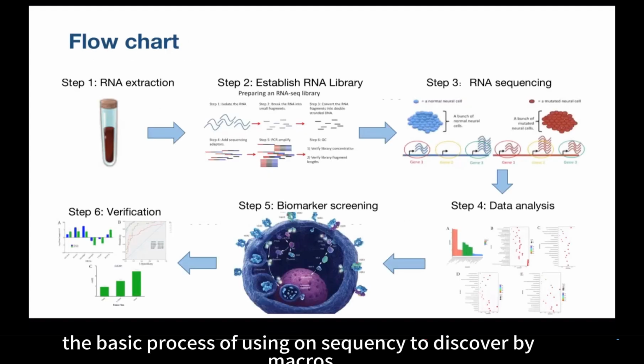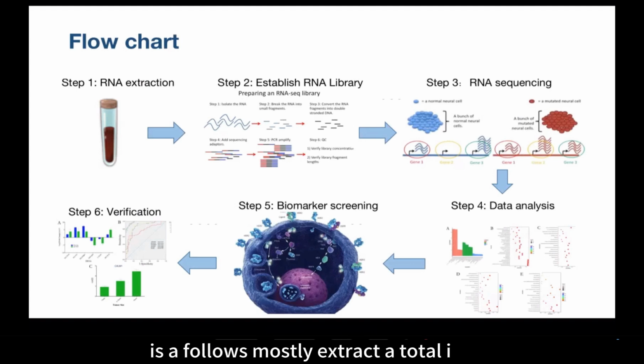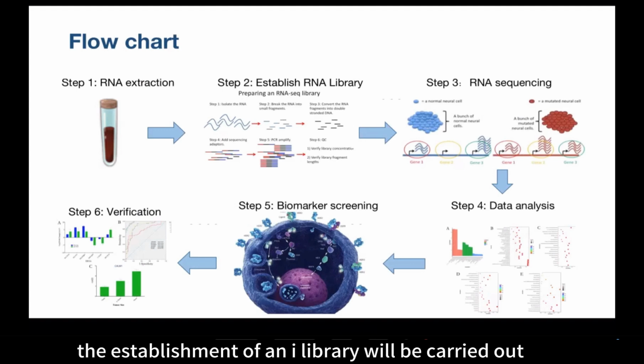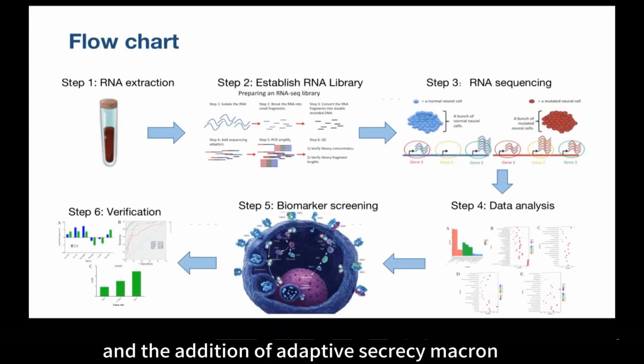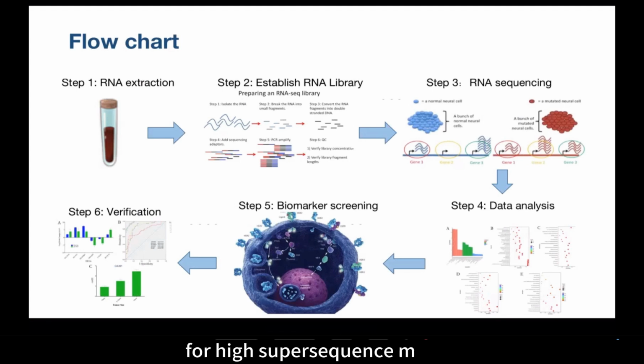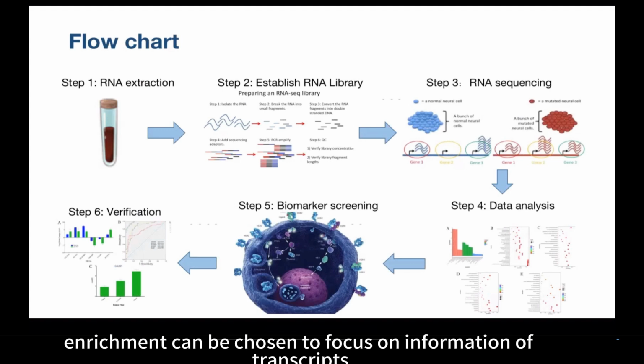The basic process of using RNA sequencing to discover biomarkers is as follows. Firstly, extract the total RNA from the sample. Afterwards, the establishment of an RNA library will be carried out, which includes reverse transcription of RNA into cDNA and the addition of adapter sequences for high-throughput sequencing. mRNA enrichment can be chosen to focus on the information of transcripts.